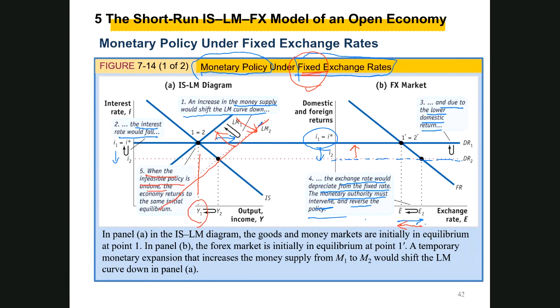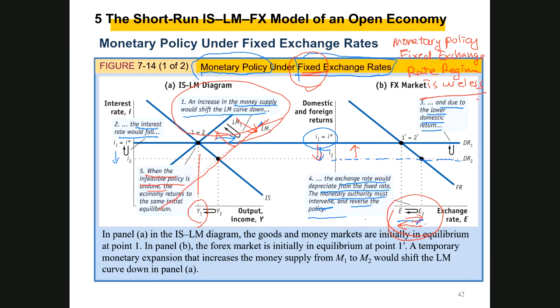Right? So monetary policy under the fixed exchange rate regime is useless, simply because under the fixed exchange rate, if you lower your interest rate due to the expansionary monetary policy, you will have the pressure to depreciate your exchange rate, so that you are going to intervene.